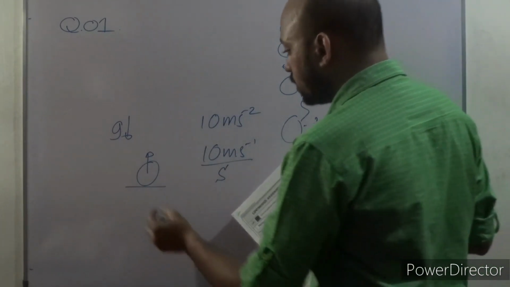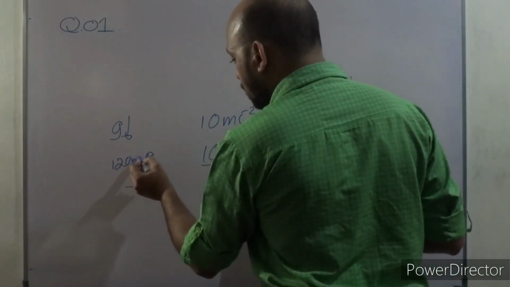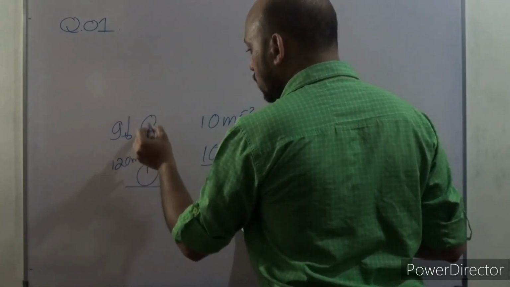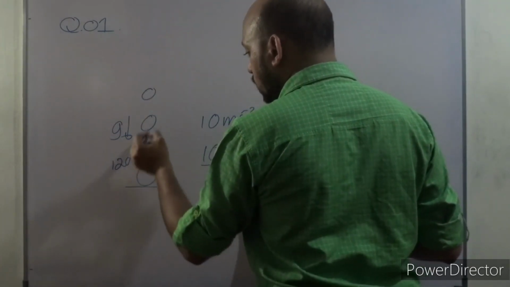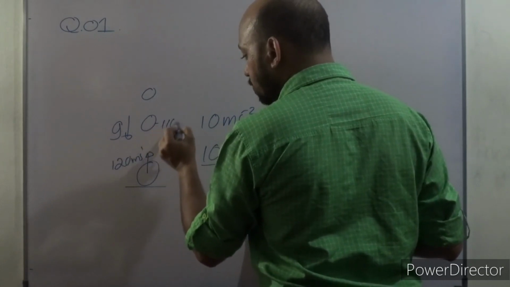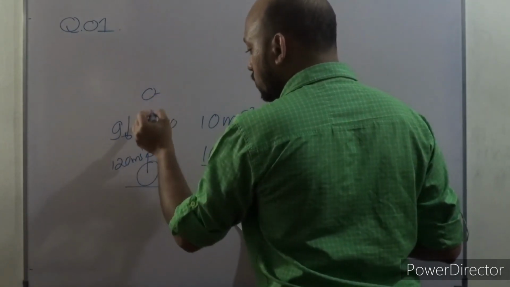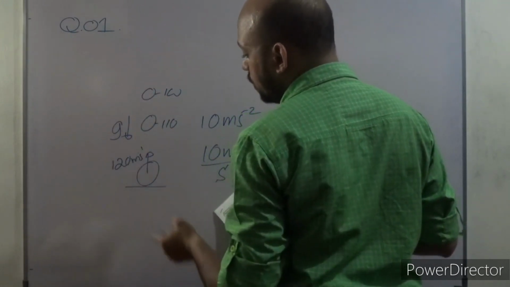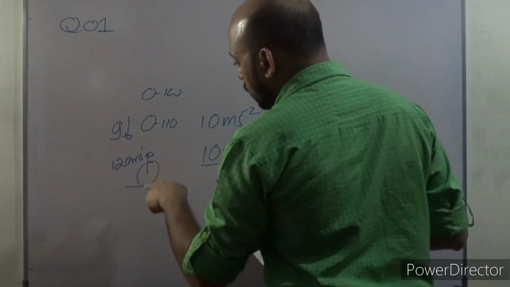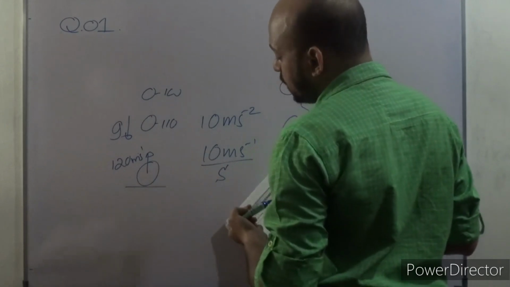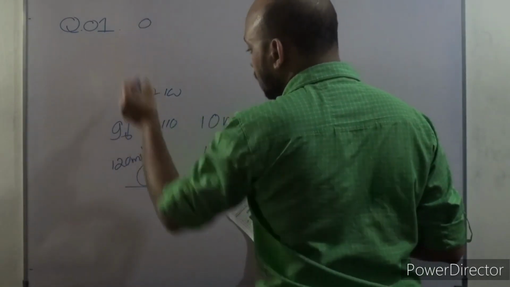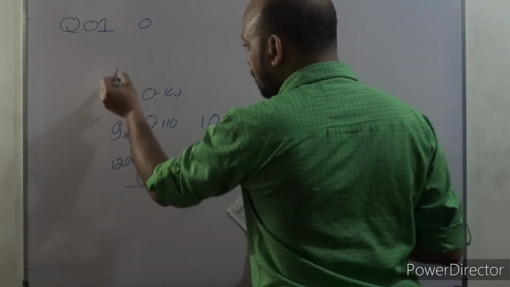Now here, projecting at 120 meters per second, every single second it decreases by 10. So after 1 second it is 110, another second 100, like that. Based on that, the time taken to become rest, where velocity becomes 0, means 12 seconds.